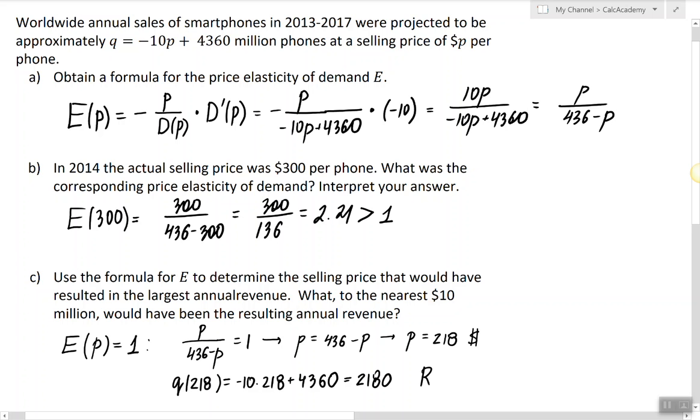And now to find the revenue, we have to multiply the quantity by the price. So the revenue when the price is 218 will be 2180 times 218. So the revenue will be 475,240. And since we had quantity measured in million phones and the price is in dollars per phone, this will be actual $1 million.